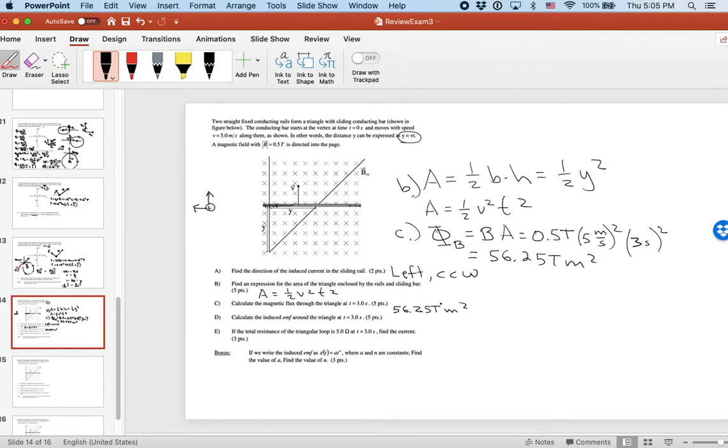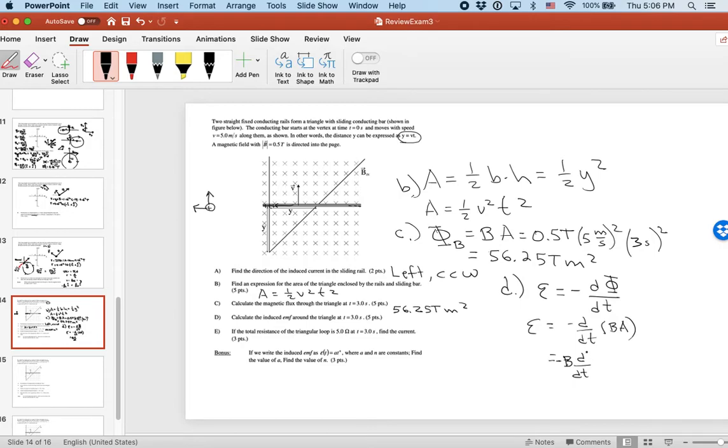Next, it says calculate the induced EMF around the triangle. So this is part D. We're talking about induced EMF. And remember, induced EMF is equal to negative d phi dt, where phi is my flux, which we just calculated. So what we're going to do is take the derivative of B times A, and the derivative of my B is a constant, so I can pull that out.